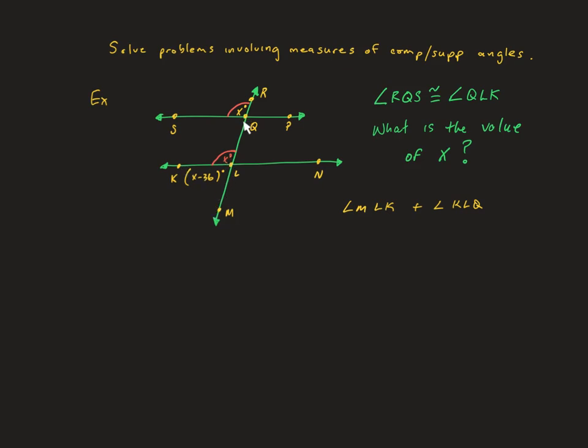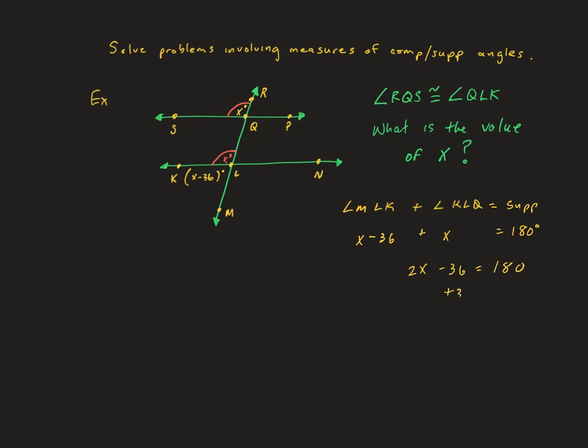This angle and this angle are linear pairs, so they are complementary, or I'm sorry, they are supplementary. And if they're supplementary, they're equal to 180 degrees. And then if I do substitution, MLK is x minus 36, and KLQ is going to be x. When I combine like terms, I have 2x minus 36 is equal to 180.